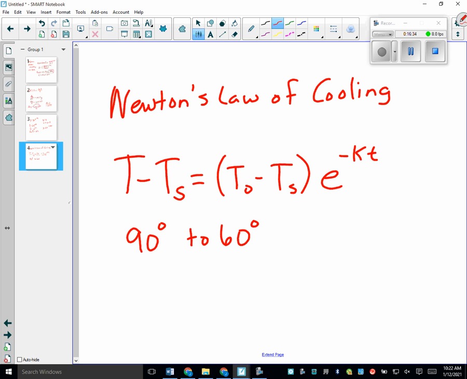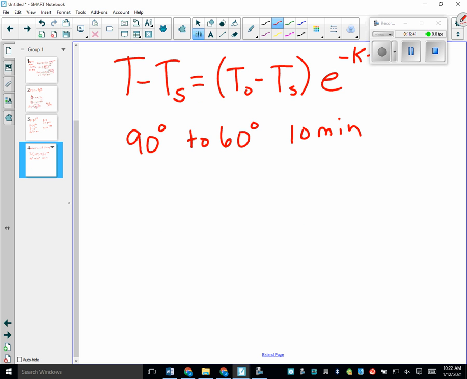And by the way, if you notice, that's centigrade. Celsius? You like Celsius or centigrade? I like Fahrenheit.